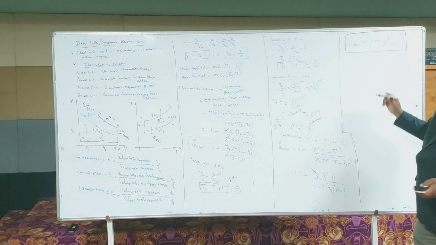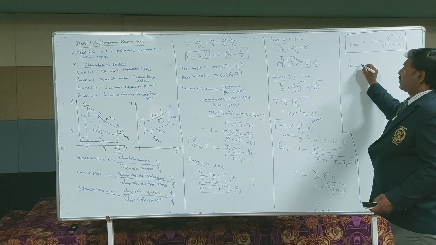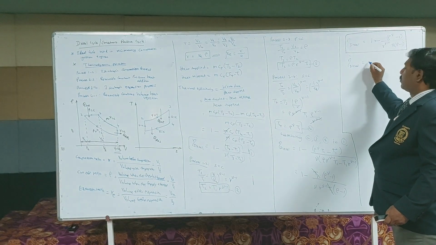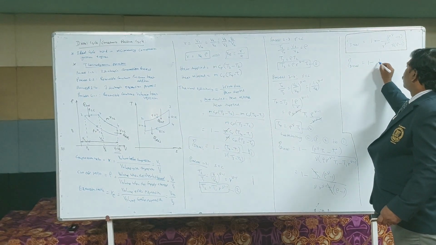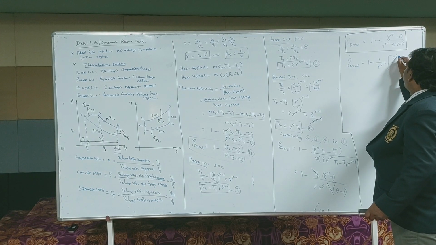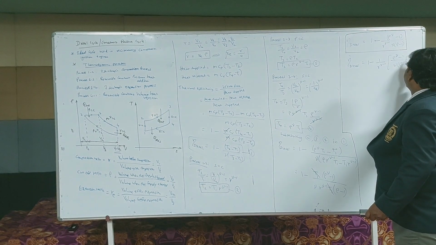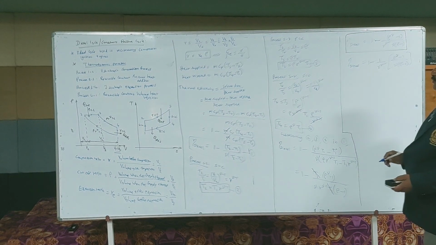And in this one we can rearrange like this: efficiency of diesel cycle is equal to 1 minus 1 by R power gamma minus 1 into rho power gamma minus 1 divided by gamma into rho minus 1. We can also write like this.